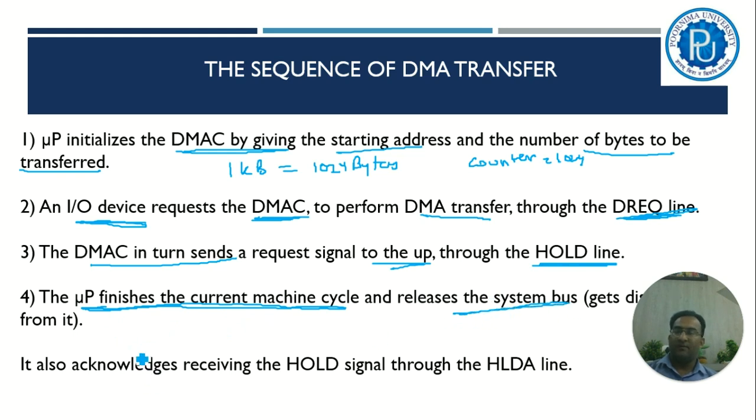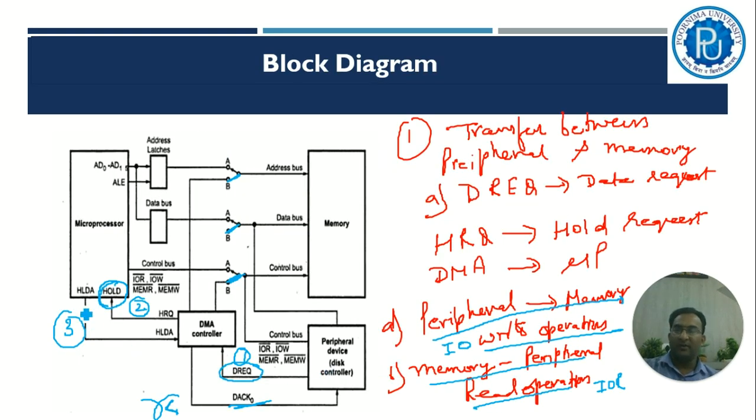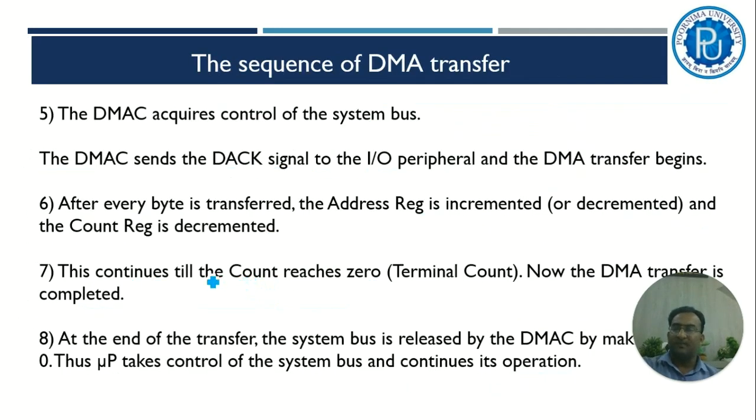It also acknowledges receiving the hold signal through the HLDA line. So after getting the hold request, the microprocessor will generate the hold acknowledgement to inform the DMA controller that you now have access to the address bus, data bus, and the control bus.